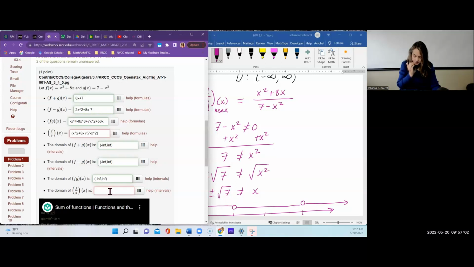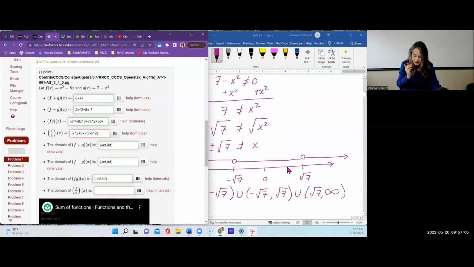Down here, I need to start at negative infinity and go to negative the square root of 7.